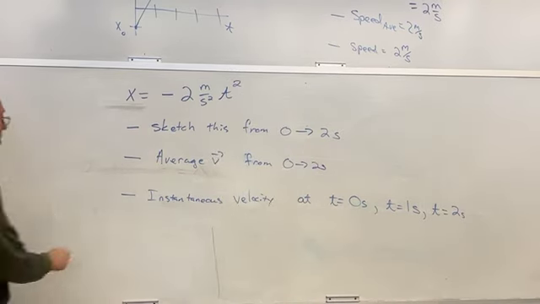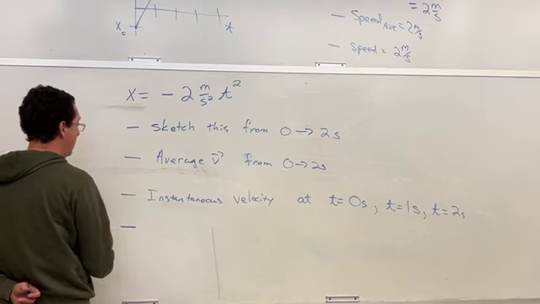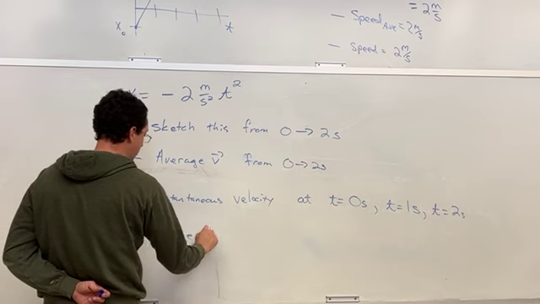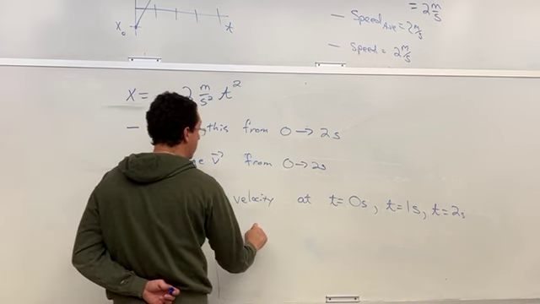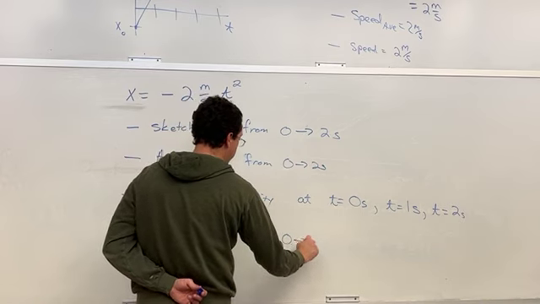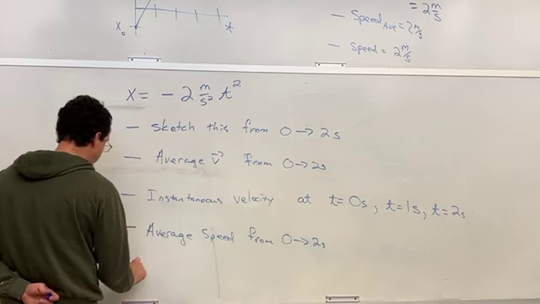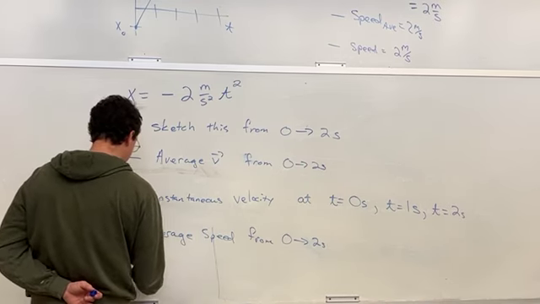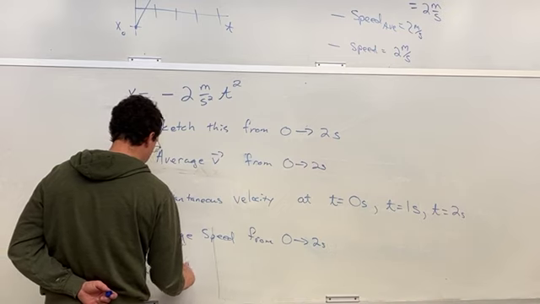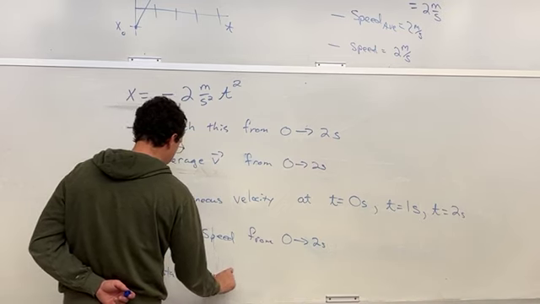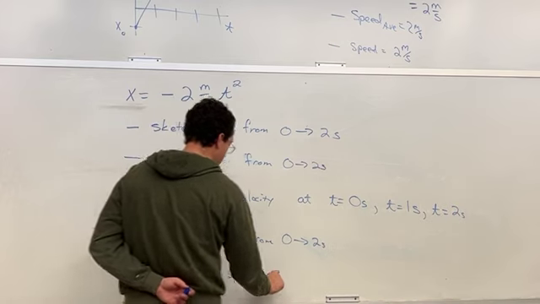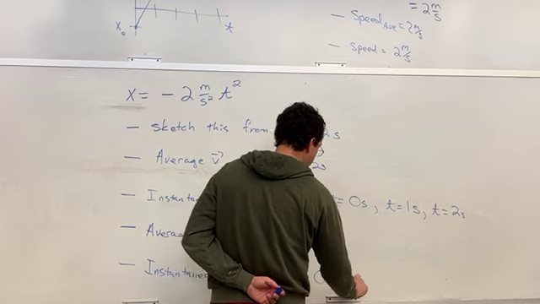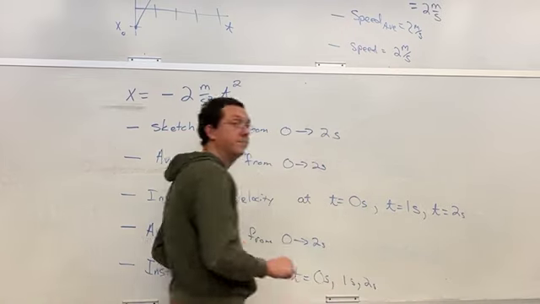I want to find the average speed from 0 to 2 seconds, and I want to find the instantaneous speeds at each of these: at time equals 0 seconds, 1 second, and 2 seconds.